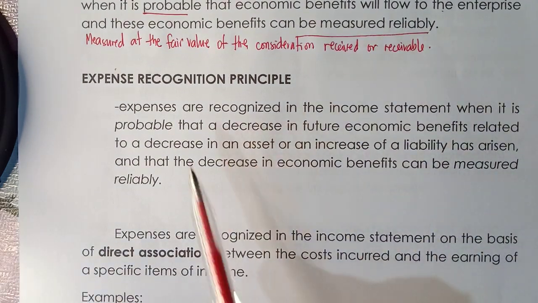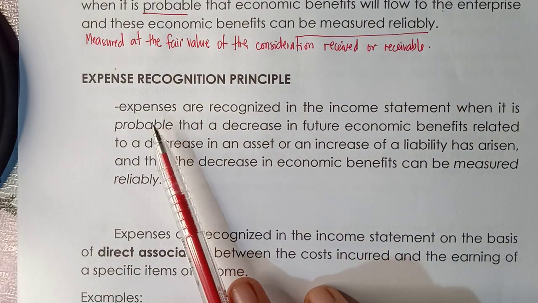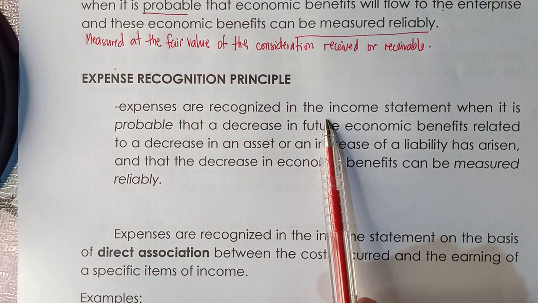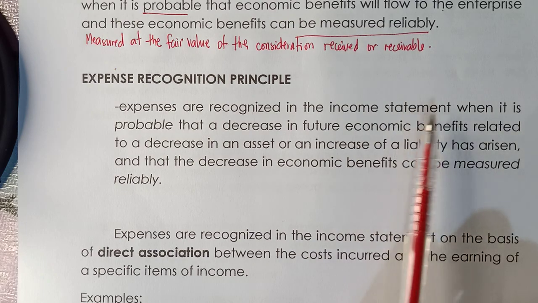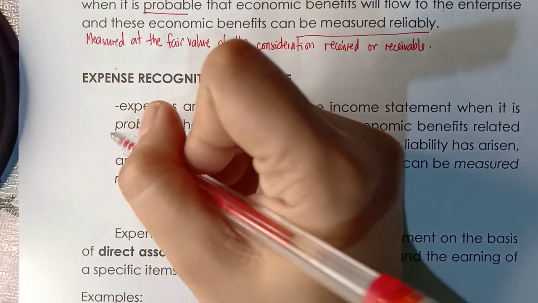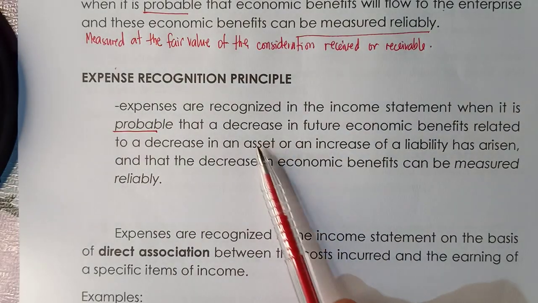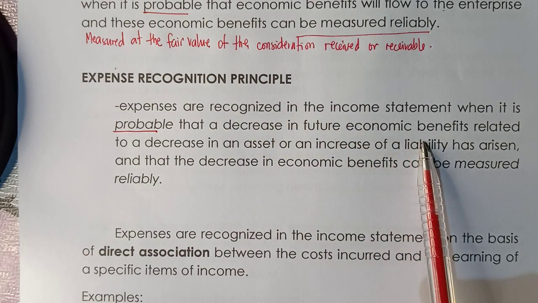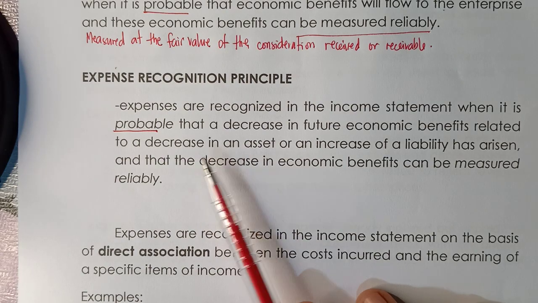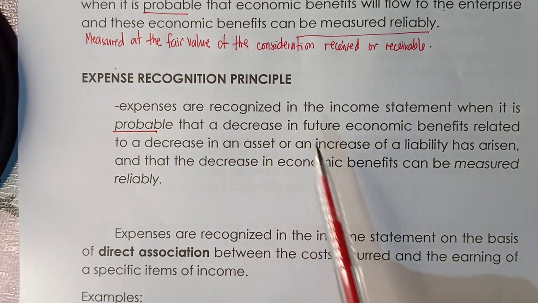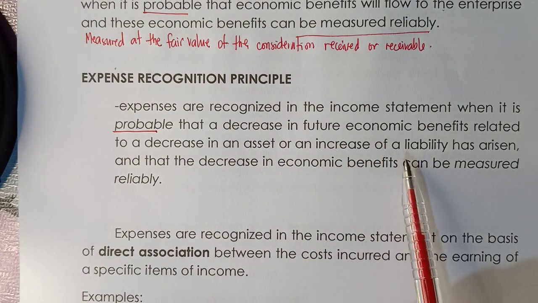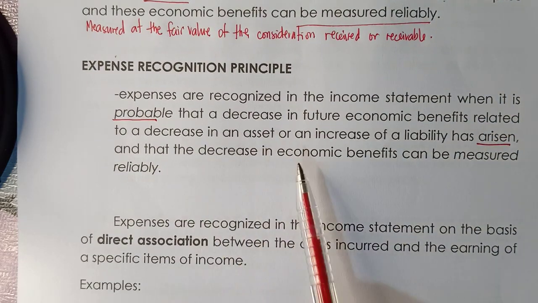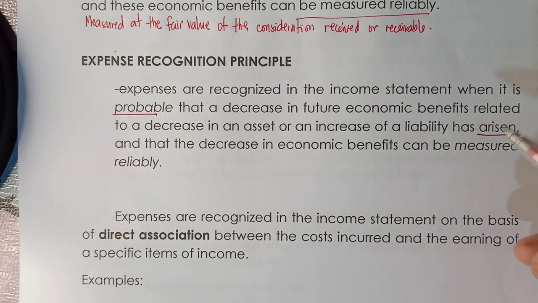Okay, so here we have the expense recognition principle. When we say expense recognition principle, these are expenses recognized in the income statement when it is what? Probable that a decrease in future economic benefits related to a decrease in an asset or an increase of a liability has arisen, and that the decrease in economic benefits can be what?